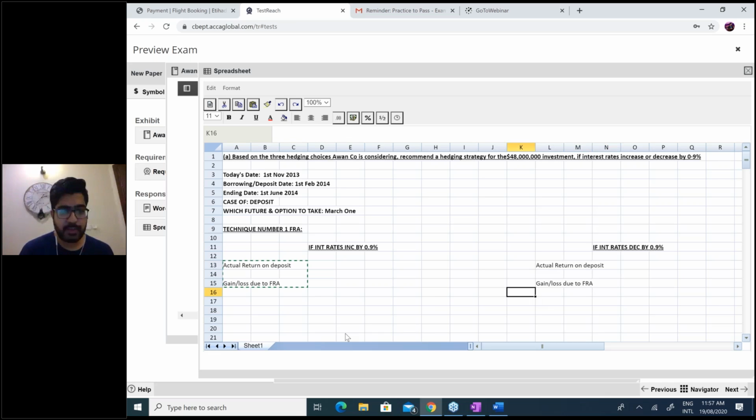In both of these, if interest rates increase or decrease by 0.9, you take the actual cost of borrowing or actual return on deposit, and the gain loss due to FRA, you get the net cost.